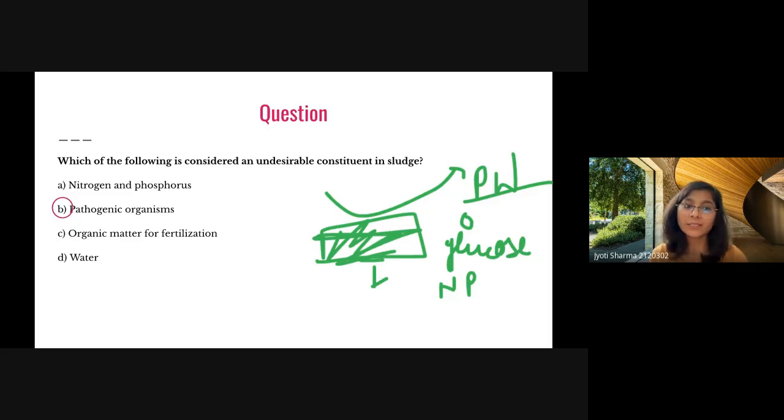If it has more nitrogen or phosphorus, or more pathogenic organisms, then you can't dispose of it directly. You have to do some treatment. So it is very important to see the content of the sludge that you have. If we do have more pathogens, that is an undesirable constituent in sludge, and you have to treat it before throwing it away.